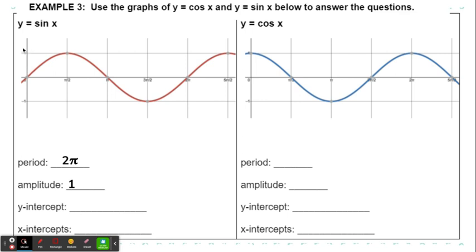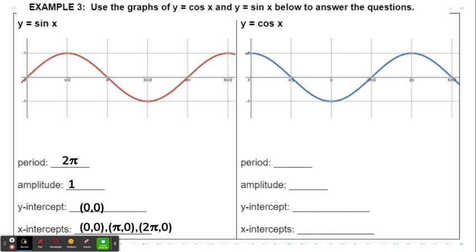Y-intercept is where does it cross y? Here's my y on the left here, and it crosses there at 0, 0. X-intercept, where does it cross the x? It crosses here at 0, and then it touches again, not pi halves, that's 90 degrees, but exactly 1 pi, which is 180 degrees. Not at that 270, but 2 pi, 360. So here are a few points.